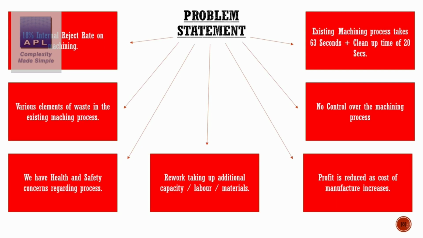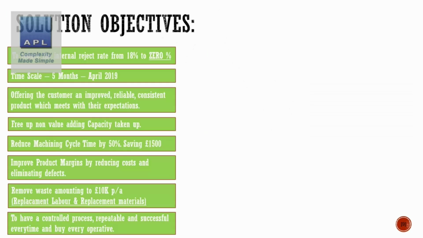So now we have a more detailed problem statement that they're talking about. So, you know, no control over machining the process, 18% defect rate, 63-second process, but 20 seconds worth of cleanup time, etc. We've also got health and safety issues with this manual process, so not great.